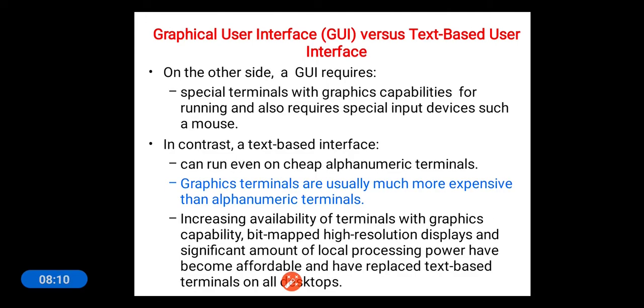Graphical terminals are usually much more expensive than alphanumeric terminals. But with the increasing availability of terminals with graphics capability, bitmapped high resolution displays, and a significant amount of local processing power have become affordable and have replaced text-based terminals on the desktops.